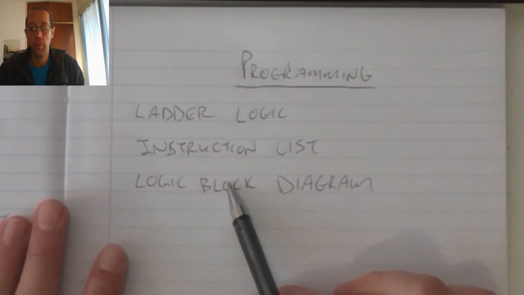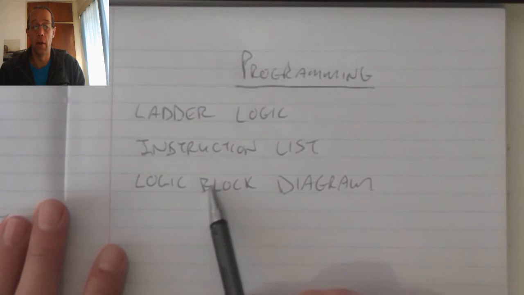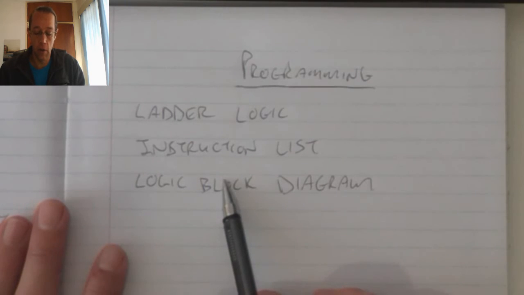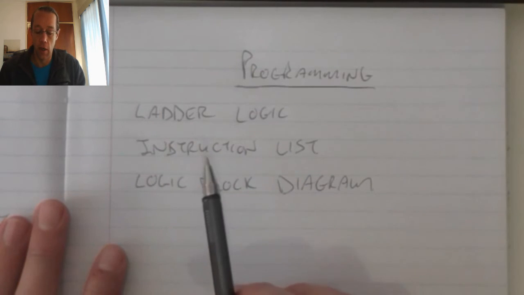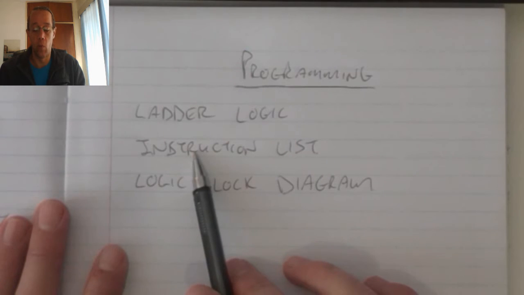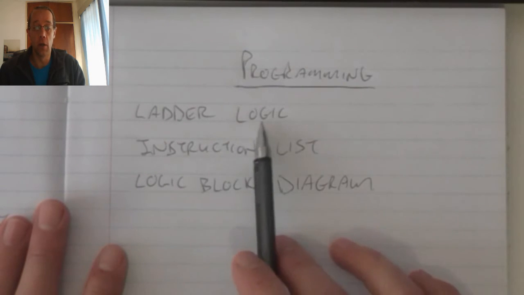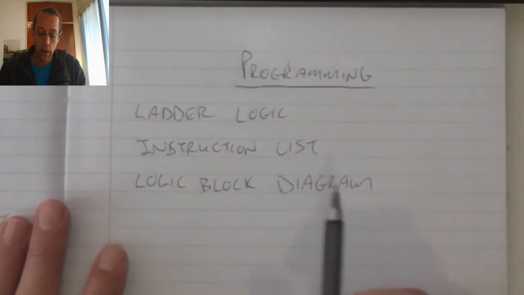The logic block diagram focuses on logic tests and combination of logic states of the inputs, and then when you download onto a PLC, the program converts whichever language you programmed in into an instruction list.